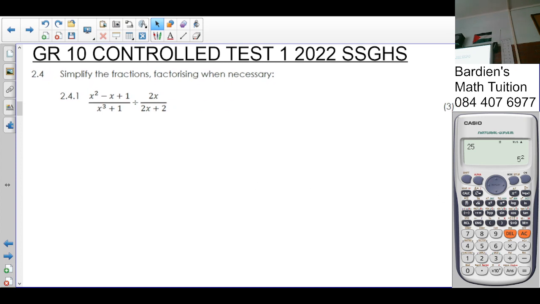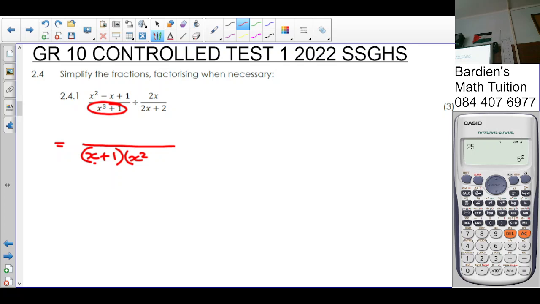It says simplify the fractions, factorizing when necessary. Now, looking at this here, let's go there first. Okay? That's going to give you x plus 1. So what do we do? Square the first term, I get x squared, that times that, and the opposite operation. Square the last term.